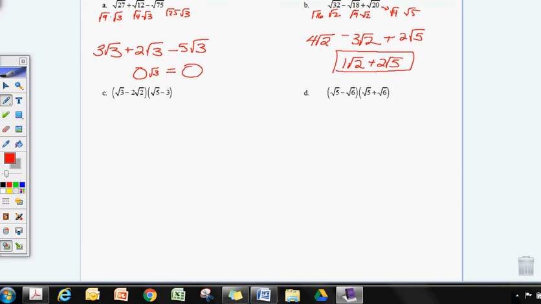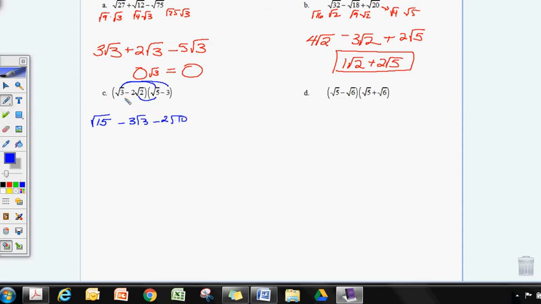Okay, so now on to the foiling. And for this foiling, we're going to do our first. And I'm going to have a square root of 15. I'm going to do my outsides, and I'm going to get minus 3 roots of 3. I'm going to do my insides. I'm going to get minus 2 roots of 10. I was working ahead in my 2 roots of 10.